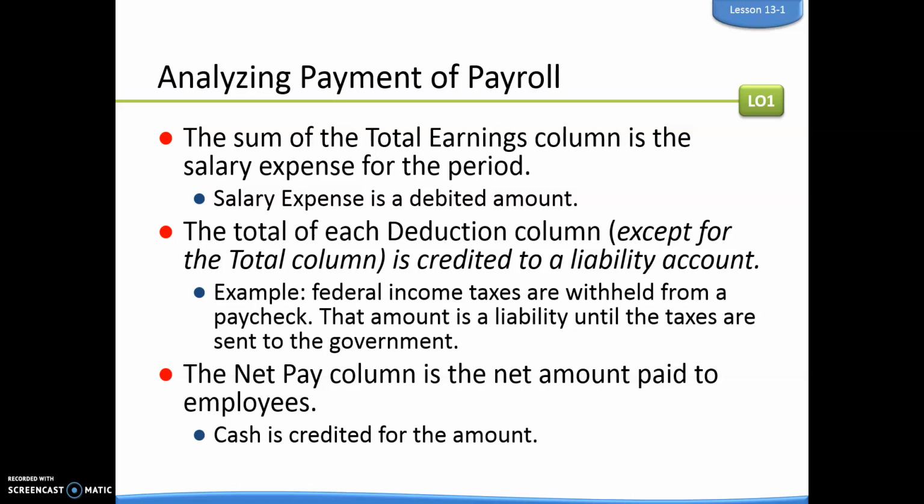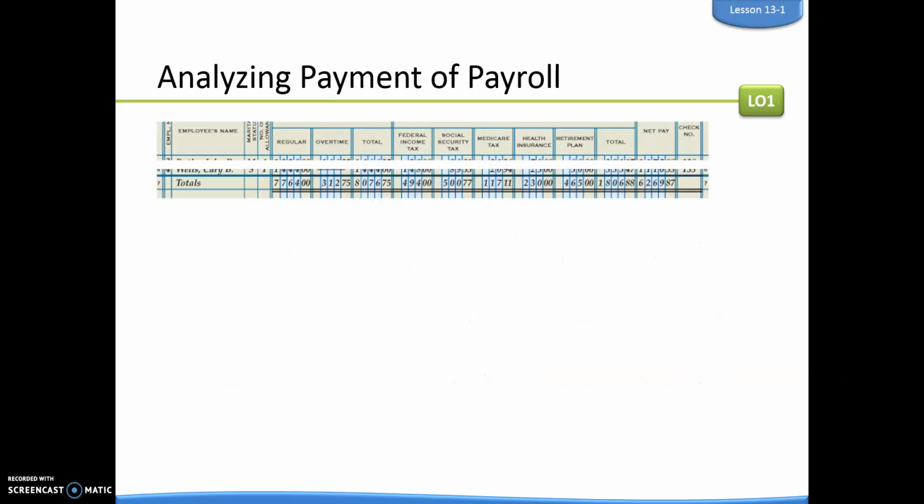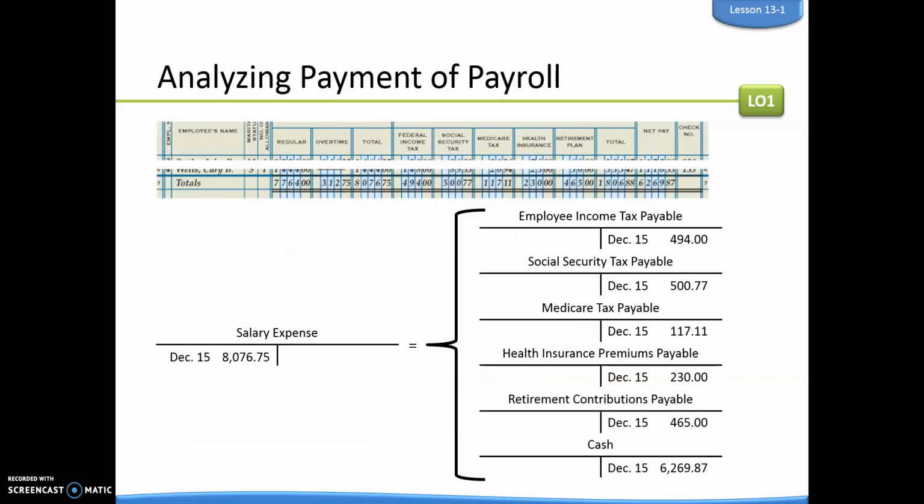So what does this look like when we actually journalize it? Well, they're going to break this down for you, which is nice of them. I didn't realize they had this on here. Salary expense here, you can see this is your total earnings. And then we have employee income tax payable, Social Security tax payable. So essentially they take all of your deductions and then they add payable on the end to make it a liability. All of those are credited, and then cash is credited for the difference, which is your net pay here.